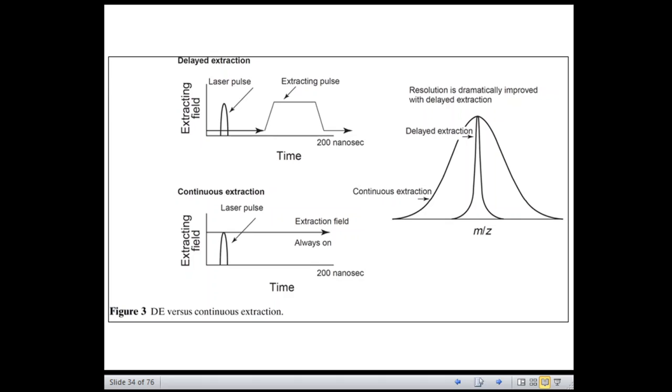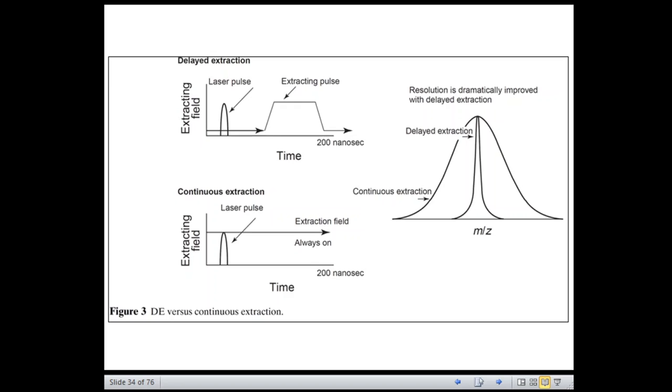So what is happening in traditional MALDI instruments? The ions were accelerated out of the ionization source as soon as they were formed. However, with delayed extraction, the ions are allowed to cool for approximately 150 nanoseconds before they are accelerated to the mass analyzer.